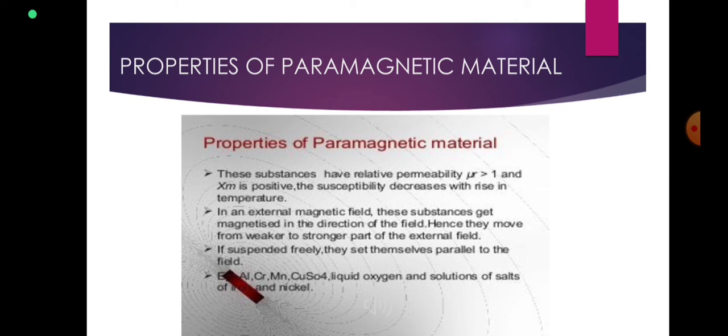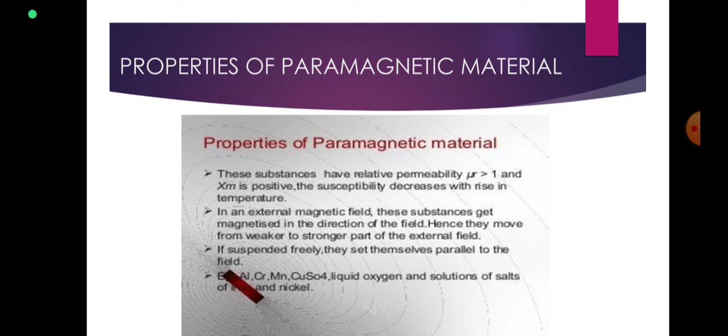Properties of paramagnetic material. The properties of paramagnetic material are: these substances have relative permeability μr greater than 1, and chi-m is positive. The susceptibility decreases with the rise in temperature.